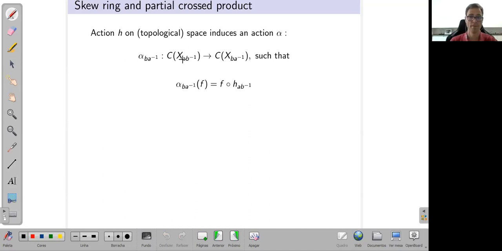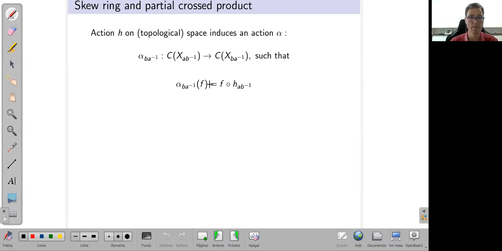But how does this induce an action? If I look at a continuous function here, I now have the bijections between these subsets X. I'm going to look at continuous functions on each one of these subsets.